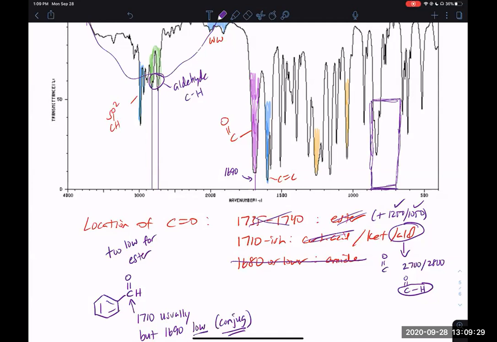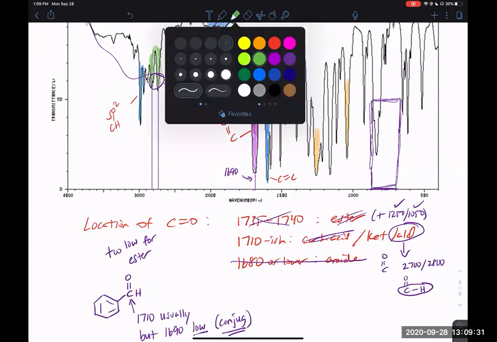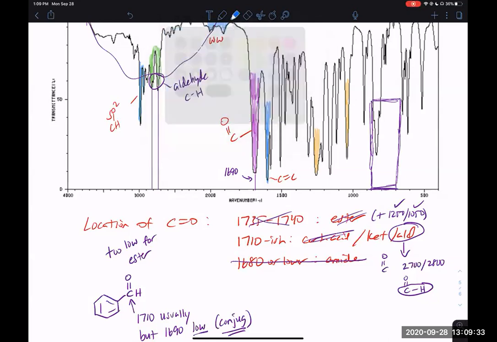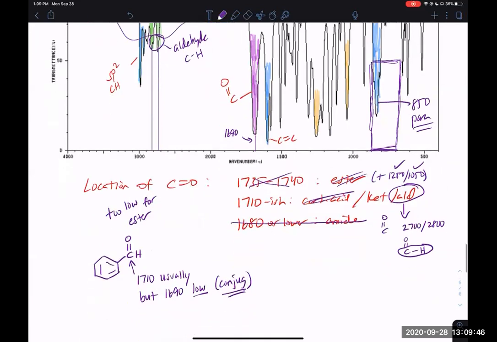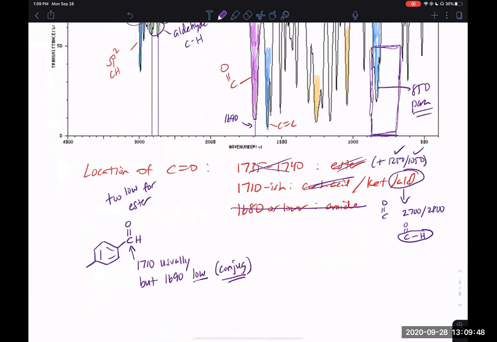And I have a big peak right there in that region. And let's do it in blue. This huge peak right here is about 850, and that tells you it's para-substituted. So I know I have something coming out there.